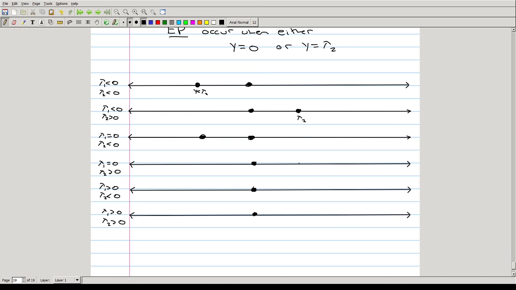We have the same picture here, and then the same thing here. And this is lambda 1 positive and lambda 2 negative. This is when lambda 1 is positive and lambda 2 is positive.